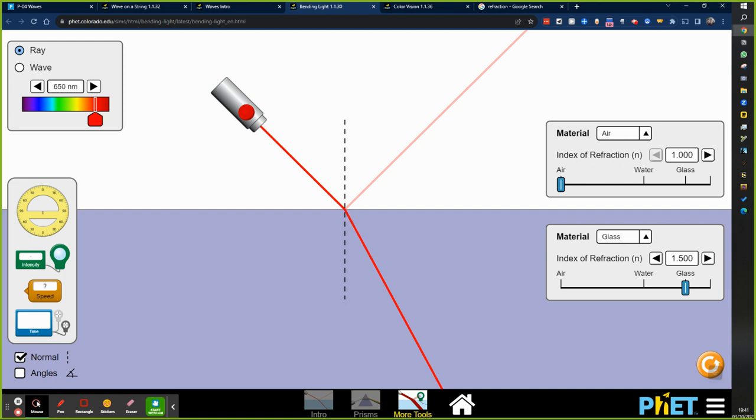Now we want to learn a few keywords here. The place in which the wave is traveling is known as the medium. Okay. So we can say initially the medium is air, and over here the medium is glass.